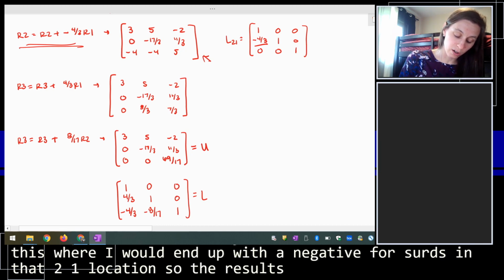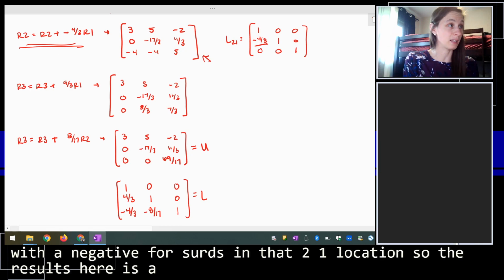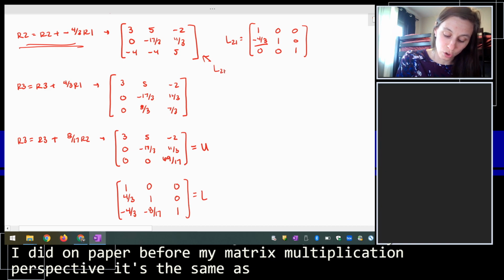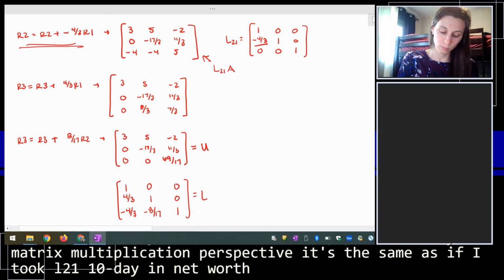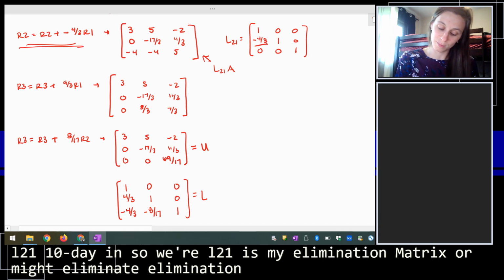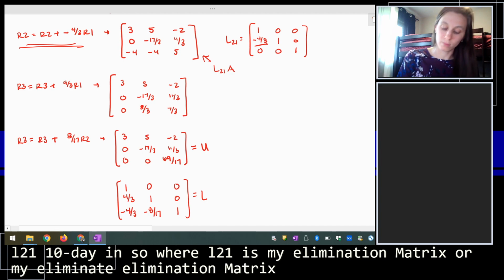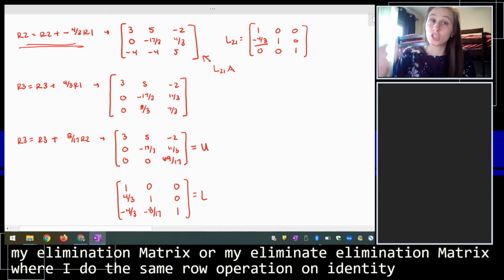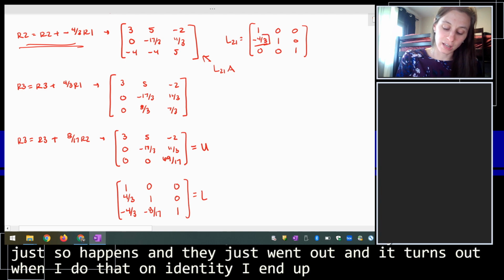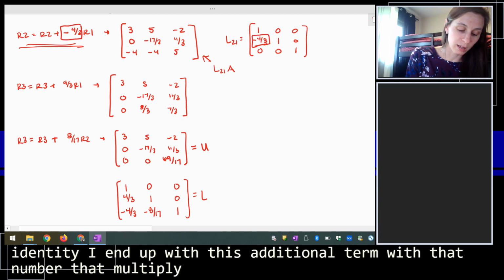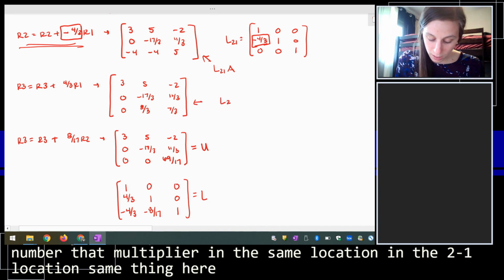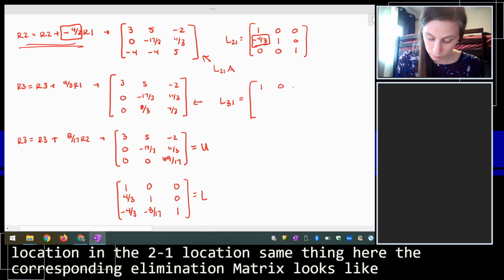So the result here is I can do my row operation by hand like I did on paper, but from a matrix multiplication perspective, it's the same as if I took L21 times A in that order. Where L21 is my elimination matrix, where I do the same row operation on identity. And it turns out when I do that on identity, I end up with this additional term with that number, that multiplier, in the 2-1 location. Same thing here. The corresponding elimination matrix looks like this.